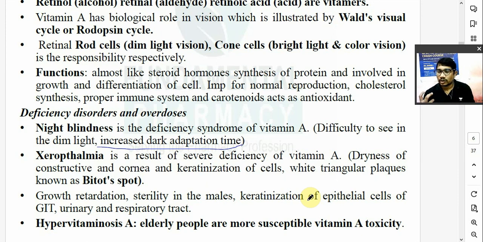When you enter into dim light suddenly from bright light, your eyes need to be adjusted, it takes time. Now that time is known as adaptation time, dark adaptation time. उसको डार्क एडेप्टेशन टाइम बोलते हैं. सो इफ यू आर सफरिंग फ्रॉम विटामिन ए डेफिशिएंसी, योर डार्क एडेप्टेशन टाइम इज इंक्रीज्ड, है ना.